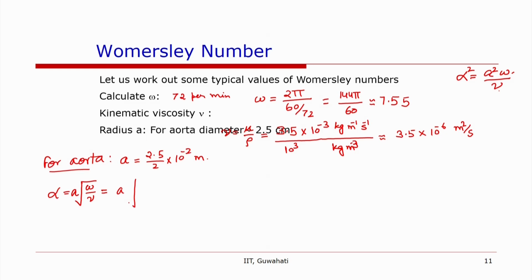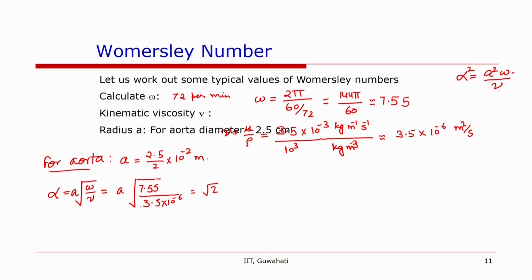A root of omega is 7.55 divided by nu, which is about 3.5 into 10 to the power minus 6. So what we will have roughly root 2.